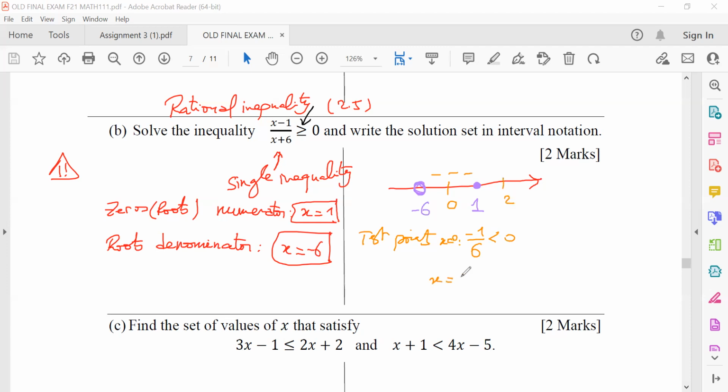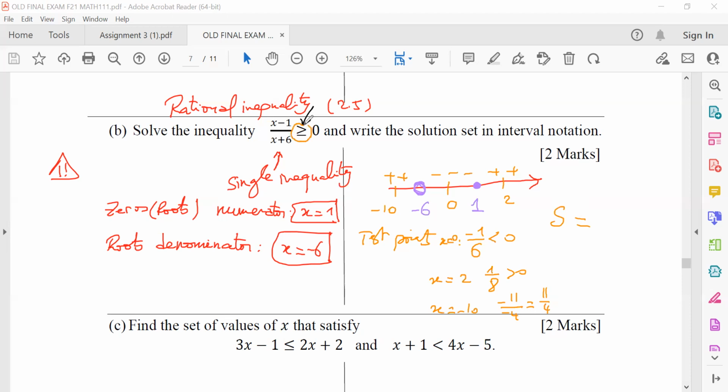For x equals 2, we have 1/8. It's positive, so here plus. We can take here, for example, minus 10. So minus 11 over minus 4, which is 11/4. This is positive. So what is the solution set for this inequality?